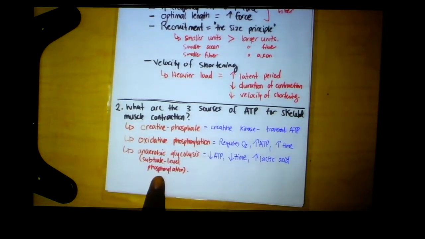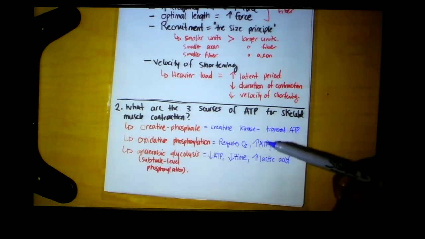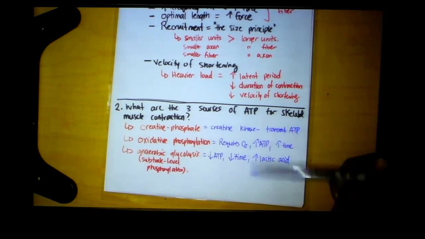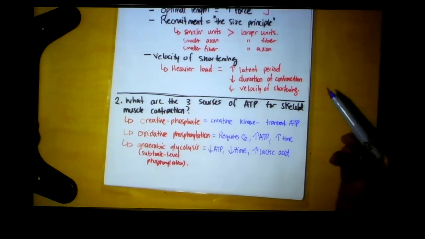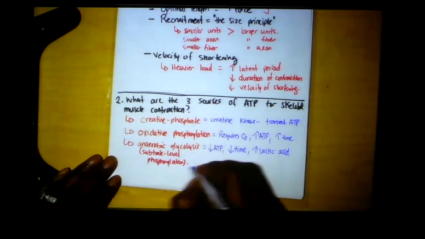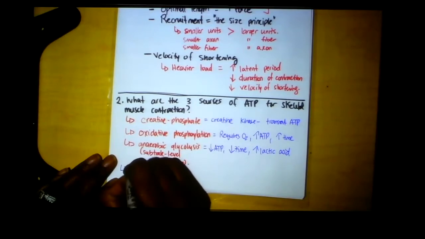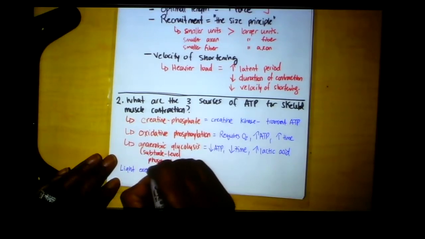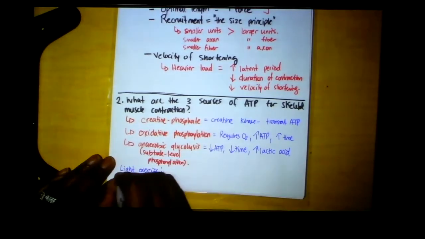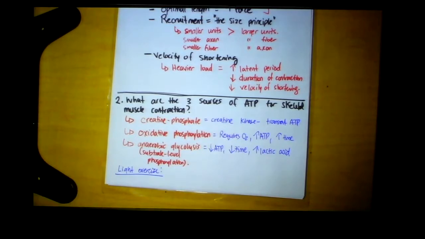Now, as far as understanding the two types of exercise, we talked about light intensity exercise versus heavy intensity exercise, and what was the order of recruitment from these sources for light exercise? So for light intensity exercise, we could maintain ventilation.